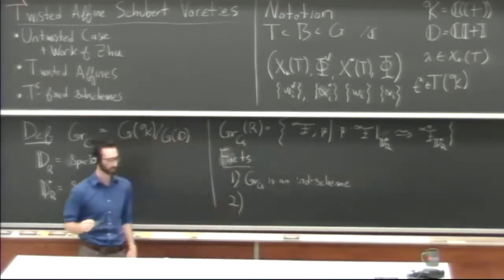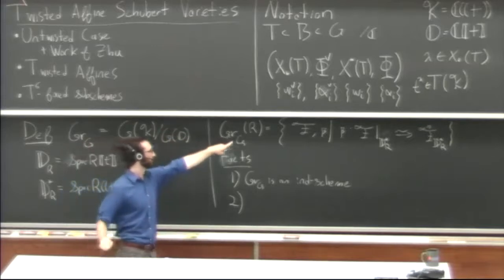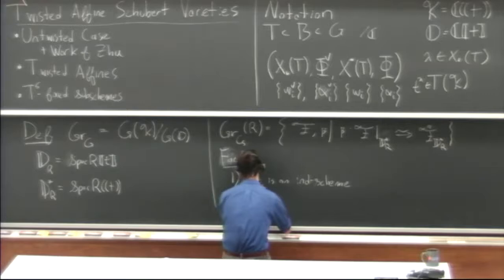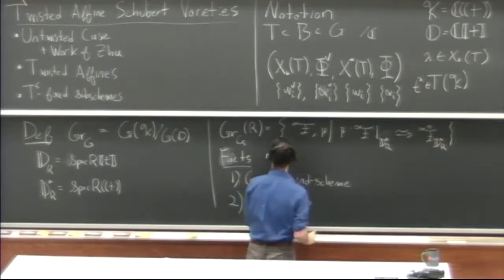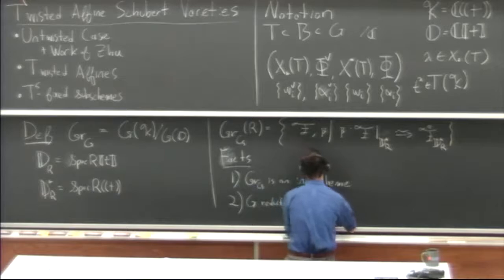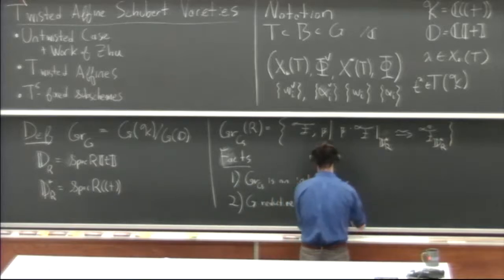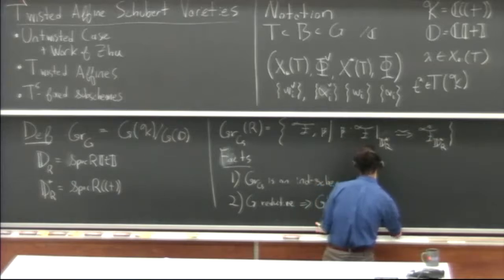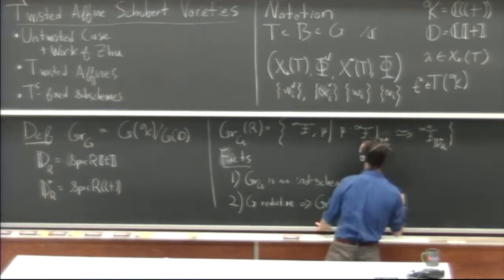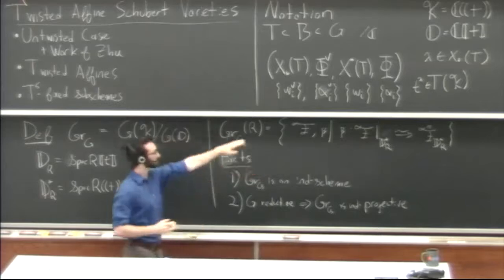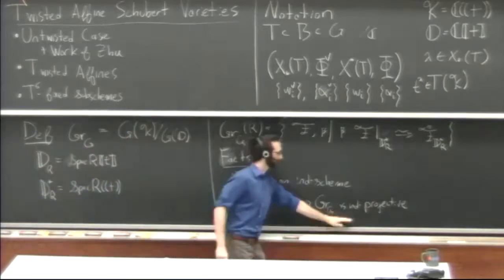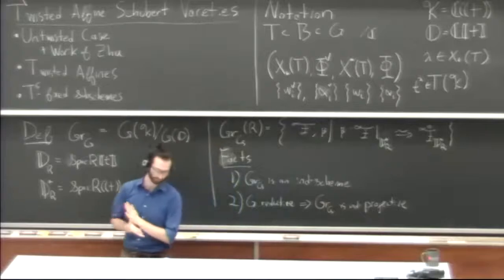The second fact that I want to use is that if G is reductive, then the affine Grassmannian is ind-projective. So since we're always going to be working with G reductive, we always know that the affine Grassmannian will be ind-projective.